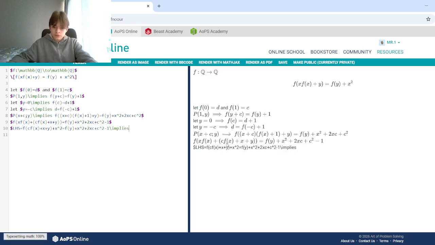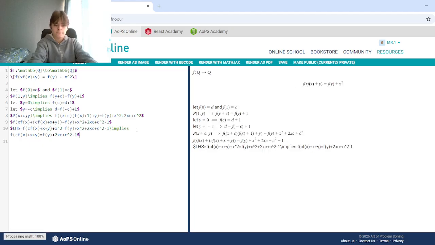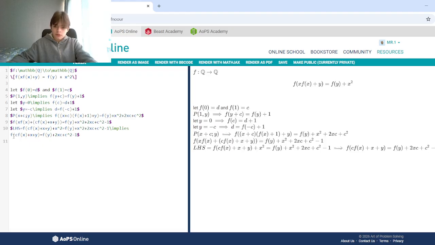We have x^2 on both sides, so this means that c f(x + x + y) is equal to f(y) + 2xc + c^2 - 1. Okay, so let's underline this.